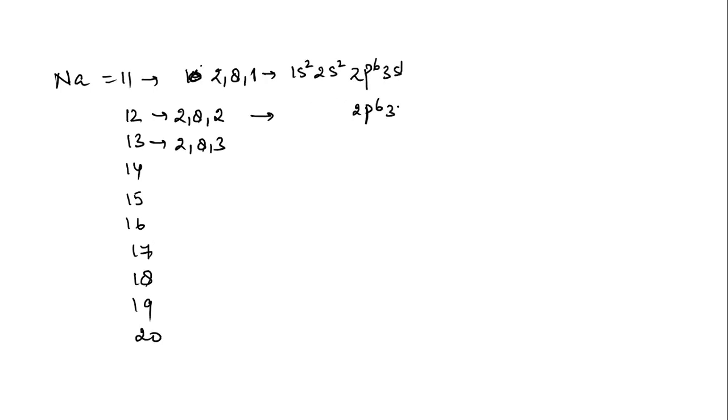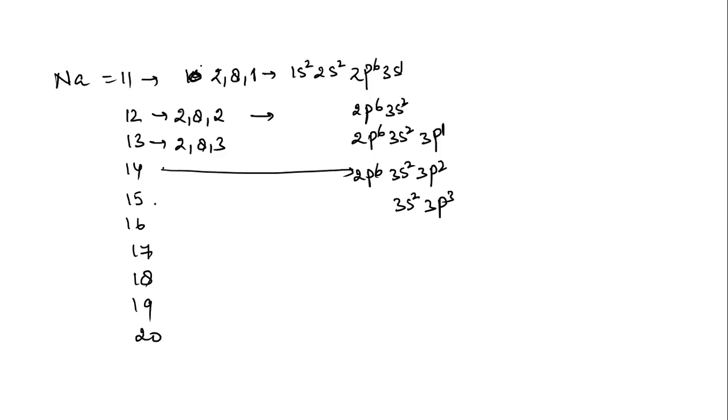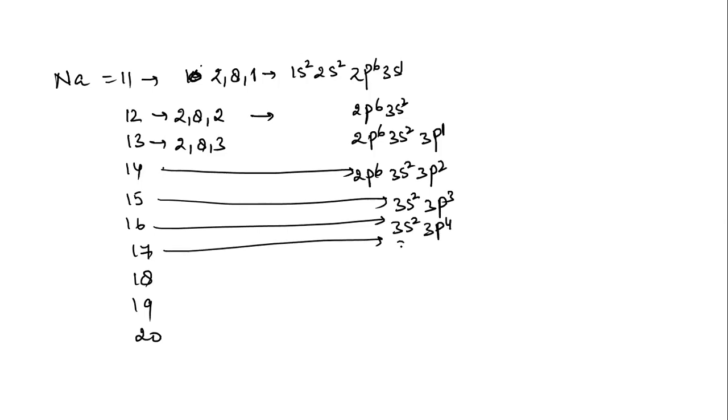Then 3s2, 3p1, 3s2, 3p2, 3s2, 3p3, then 14, 15, 16 is 3s2, 3p4, 3s2, 3p5, 3s2, 3p6.